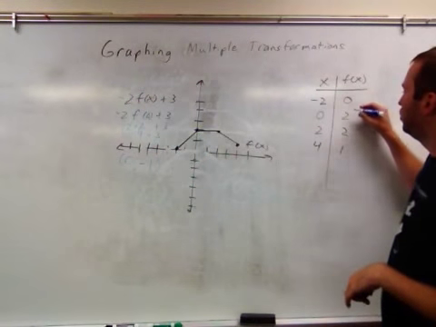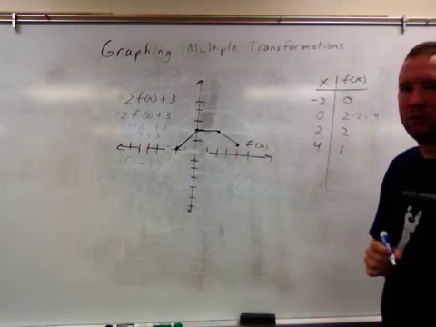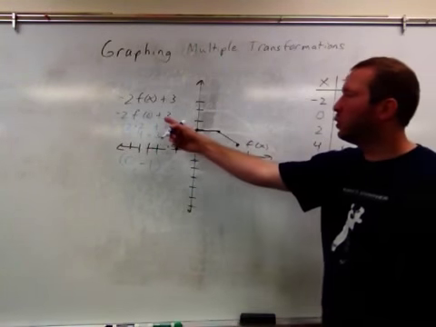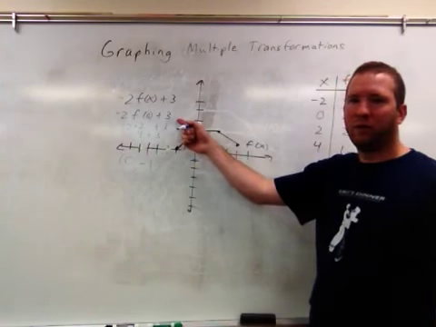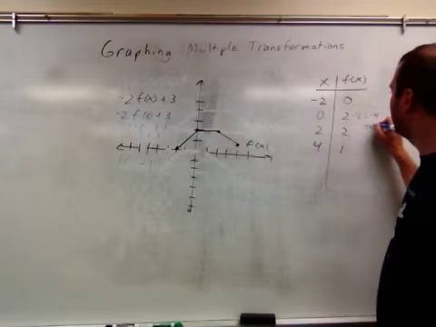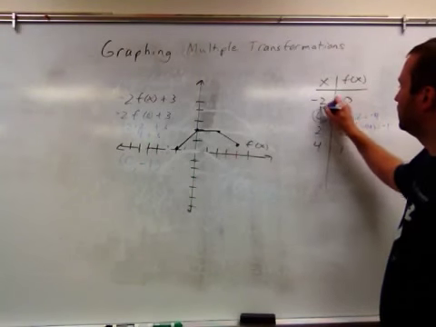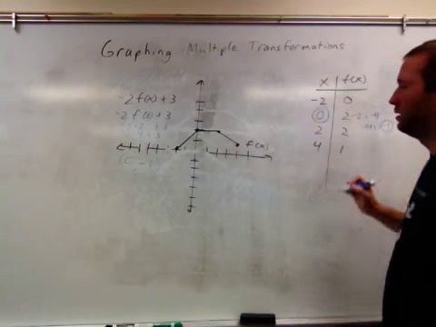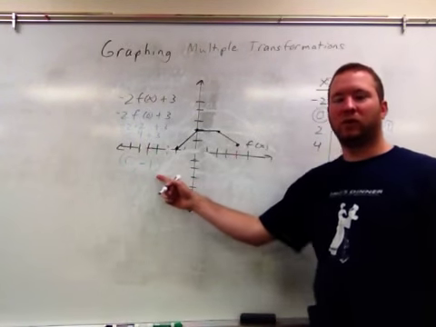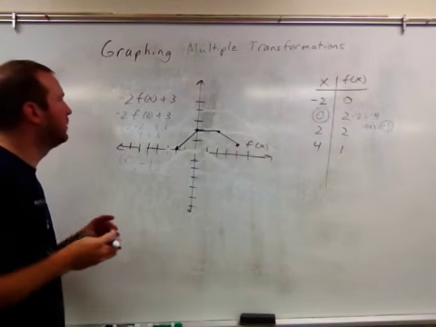So when I take 2 and multiply it by negative 2, I get negative 4. And then lastly, I'm going to add 3 to that. So I'm going to take this negative 4 and add 3 to it, and that equals negative 1. So I get a new point, 0, negative 1, which is exactly what we said we were going to get there.